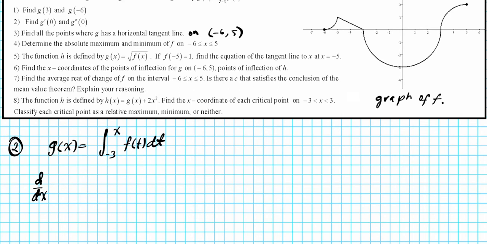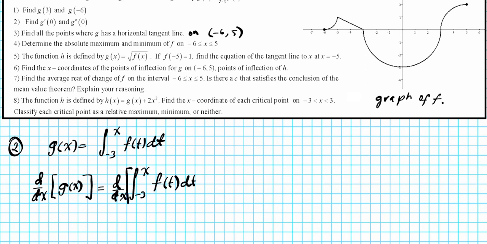If you find d dx of g of x, well, you have to find the derivative of the right side, which is an integral, right? You don't have to do this. I'm just showing you the steps to arrive at the conclusion I'm about to show you. So from -3 to x of f of t dt.